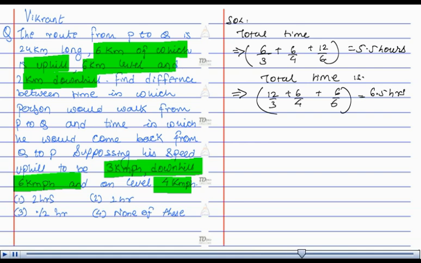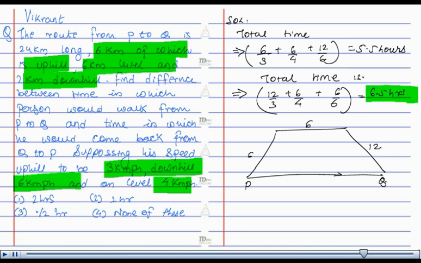So we can say that from the figure we can easily make out that P and Q are the points, and 6, 6 and 12 are the distances. Hence the difference in the time turns out to be 6.5 minus 5.5, that gives you 1 hour. Therefore, answer is 2.